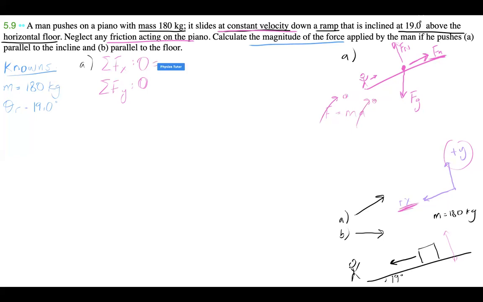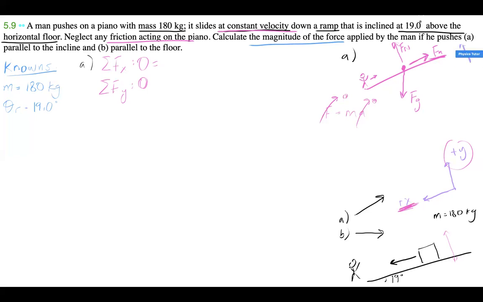Now let's write down all of the forces. One thing we want to recognize is that FA is aligned with our coordinate system. Let me rewrite that over here.